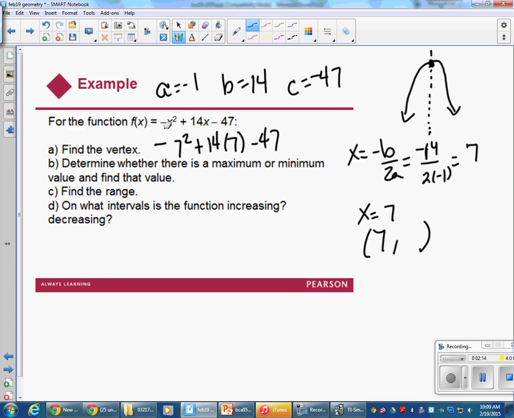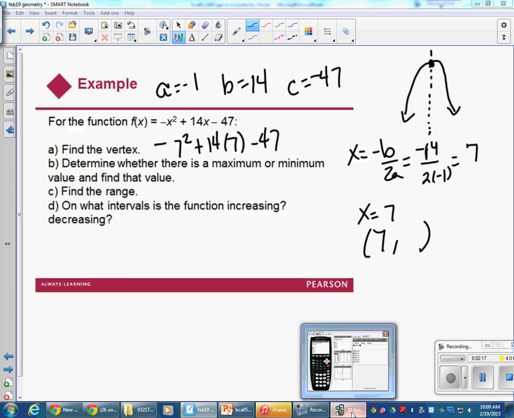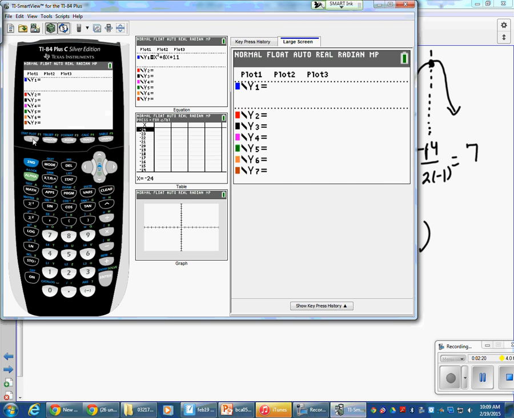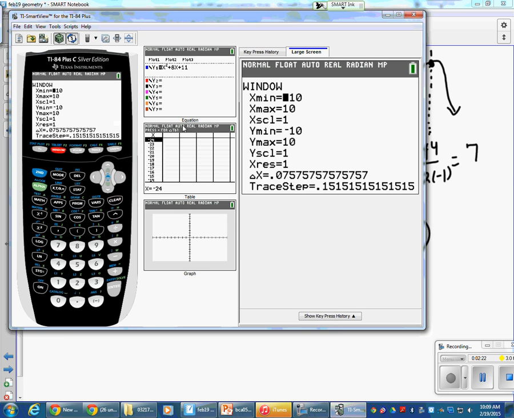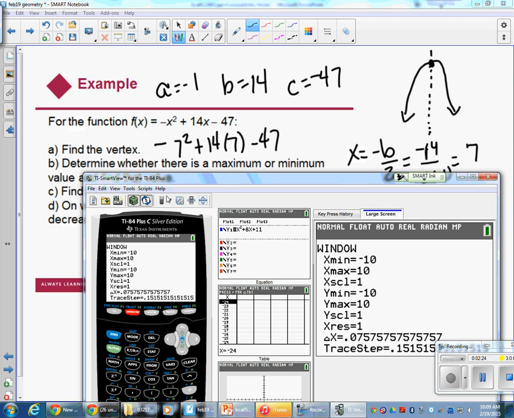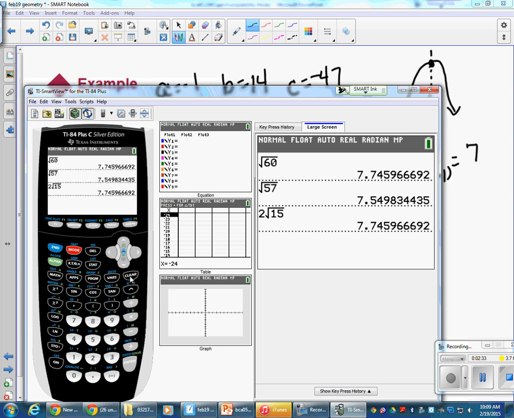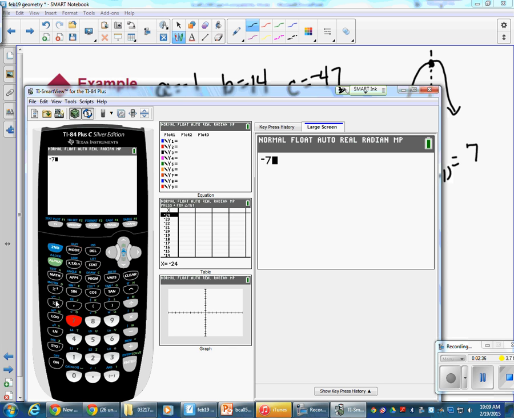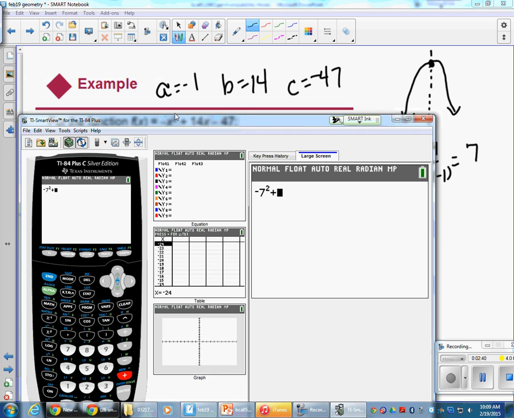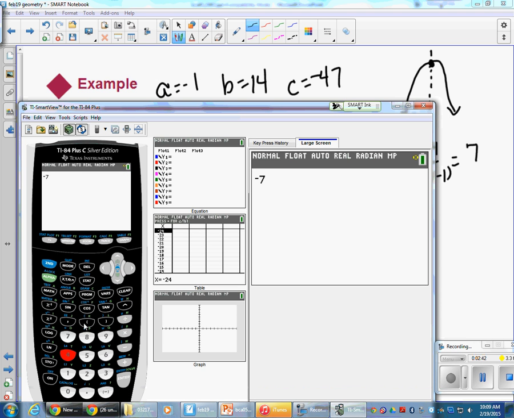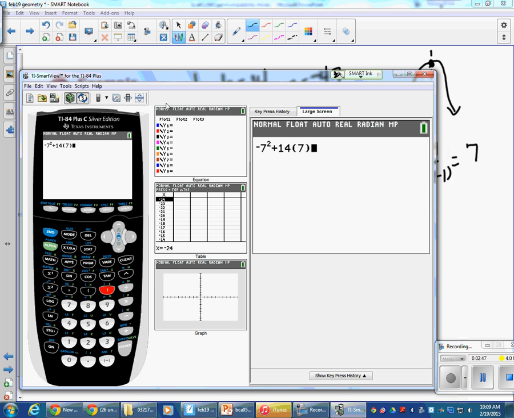So I'm just going to use a calculator because these are some kind of large numbers. So on a home screen, I'm going to type in, I can't do that all at the same time, can I? Let me clear this out. -7 squared plus 14 times 7 minus 47.